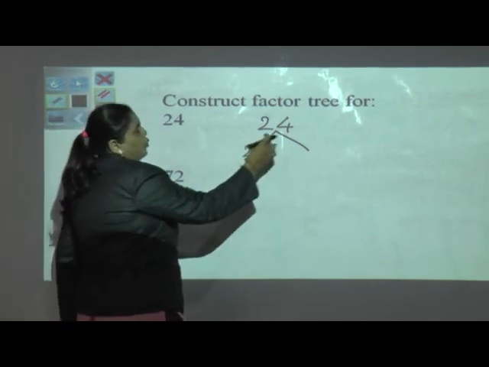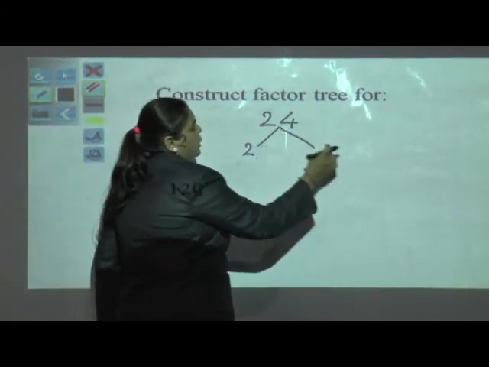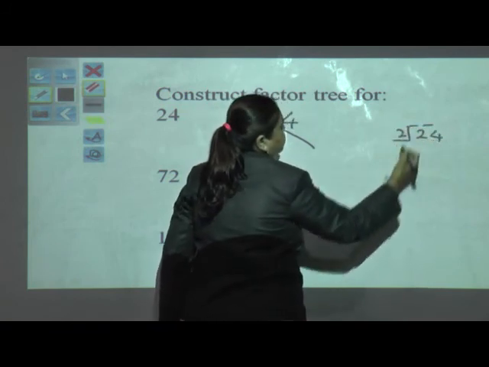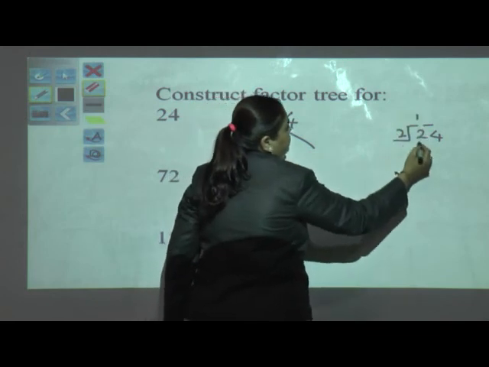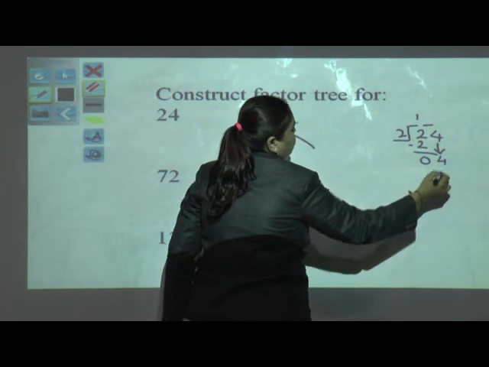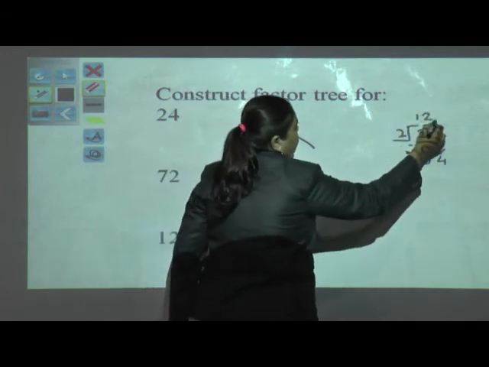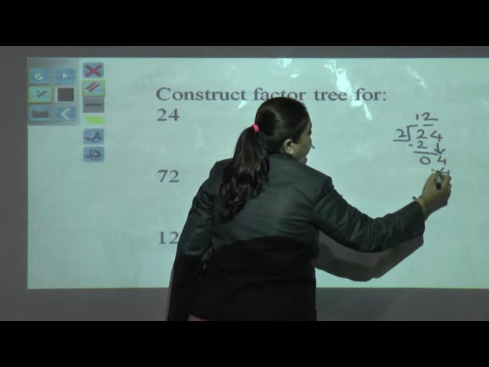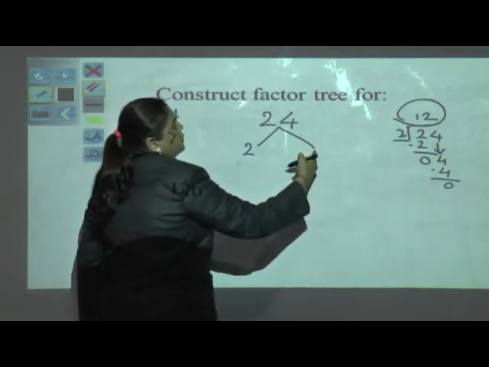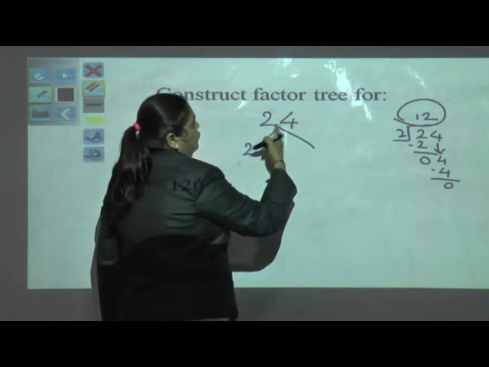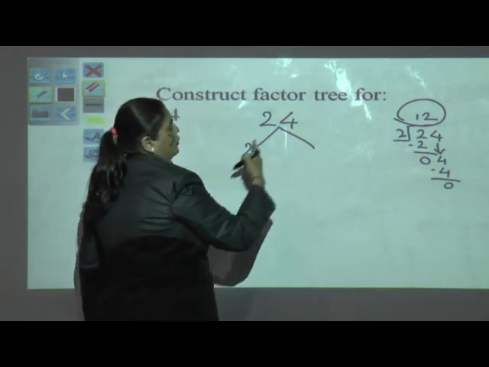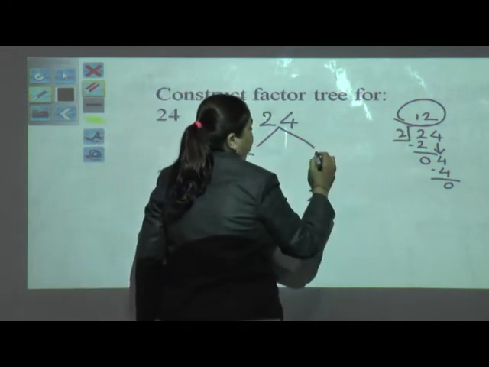If you don't know, I told you when you have a large number, you can do practical division. 2 ones are 2, subtract, 0, get the 4 down here. 2 2s are 4, subtract, this is 0. So what we get in the quotient should be the other factor of 24. When you divide by 2, I write 2, and what I am getting in the quotient should be written here.